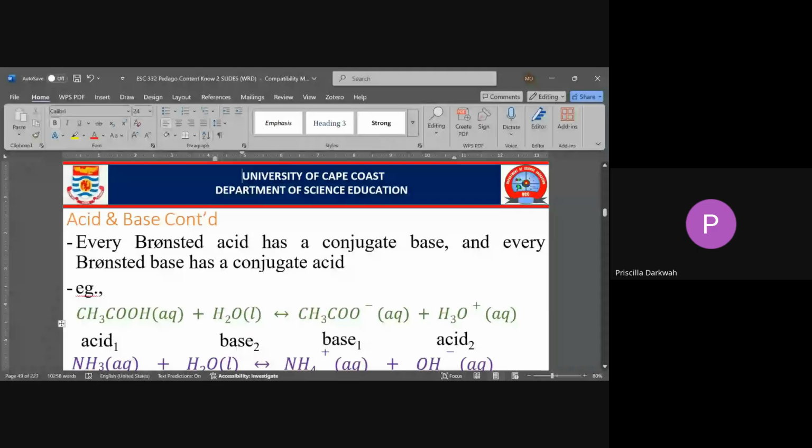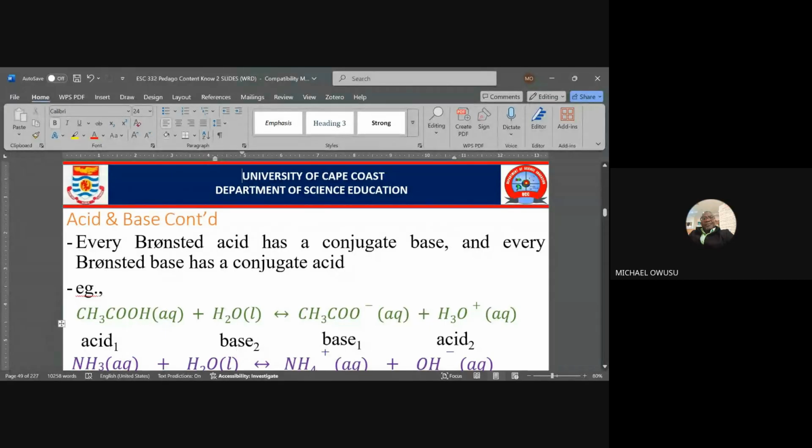I can see that it is accepting a proton from the water, to become an acid. When it accepts the proton, it becomes NH4 plus. Good.